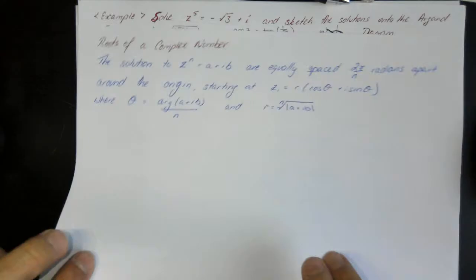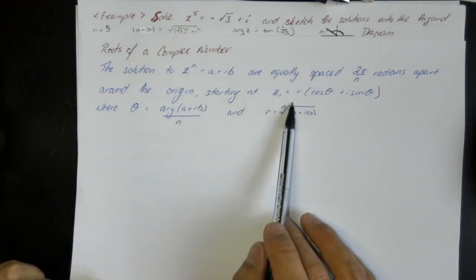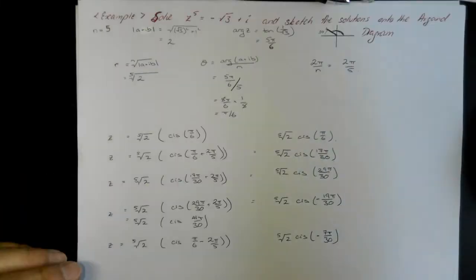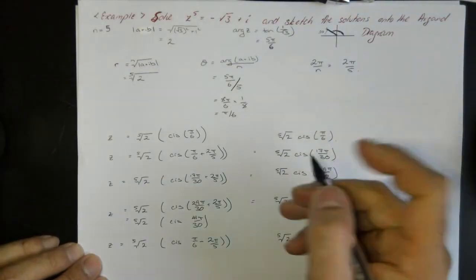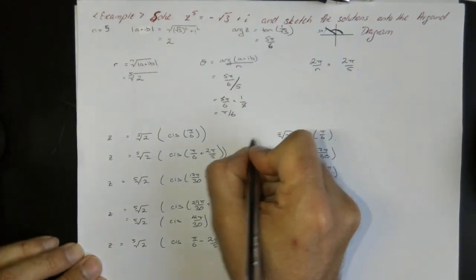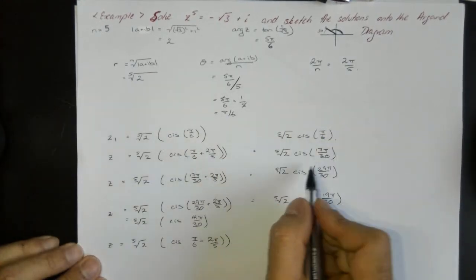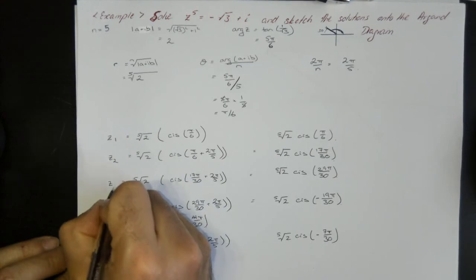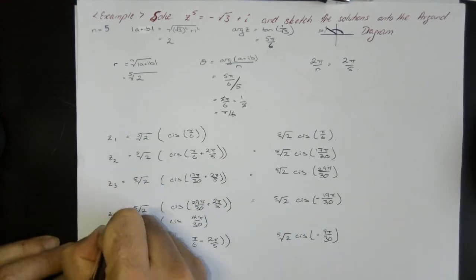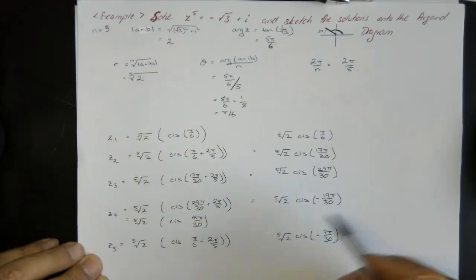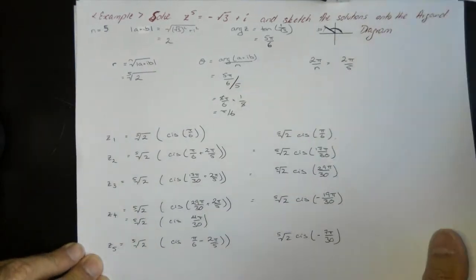Now, it says the Z1 starts with the first root in the first quadrant. So looking at this will be your Z1. This is next, so that's Z2, Z3, Z4, and Z5. Yeah, going around in an anti-clockwise direction.